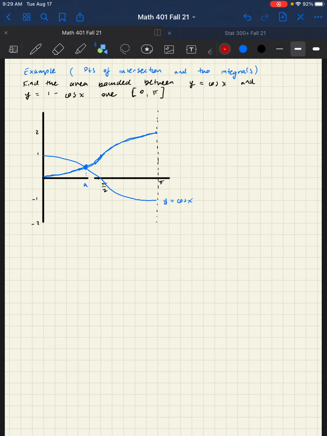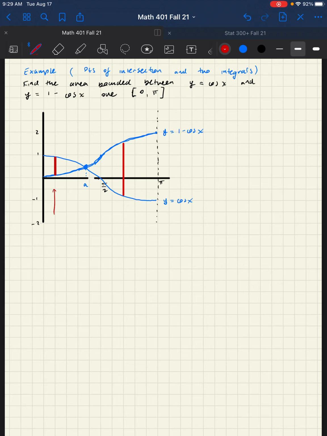Also, if I look at the infinitesimal slice of the areas for both, here's the first infinitesimal slice, here's the second infinitesimal slice. Notice that which one we consider the upper curve changes.